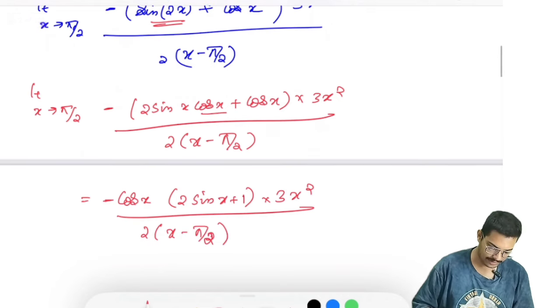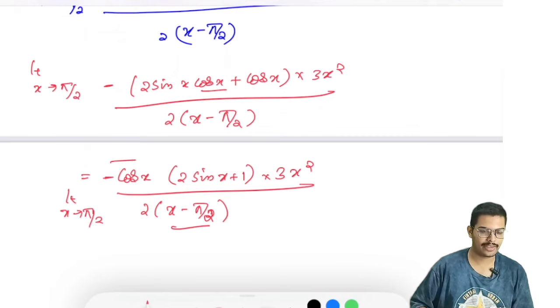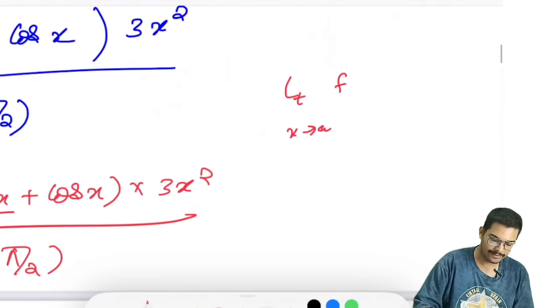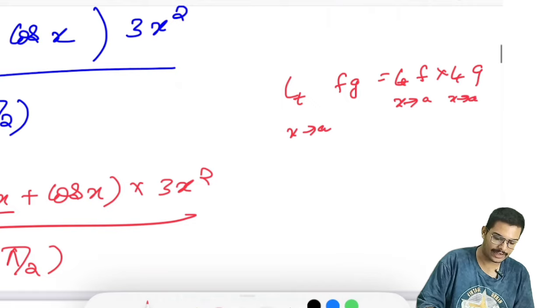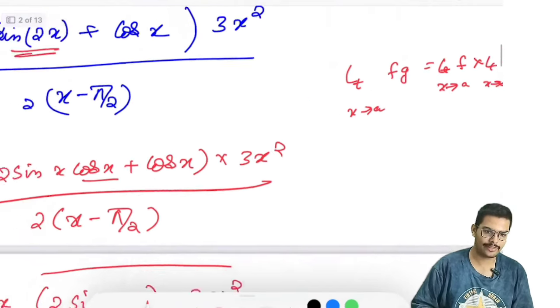Now, the only problem is with the cos x and the denominator part. The other terms we can directly apply the limits to, using the property that limit x tends to a of fg can be written as limit x tends to a of f into limit x tends to a of g. You can directly multiply the limits instead of multiplying the functions and finding the limit.